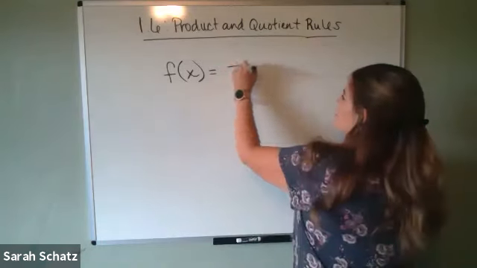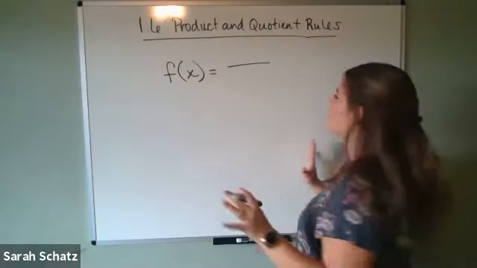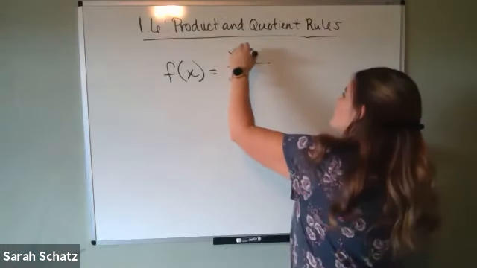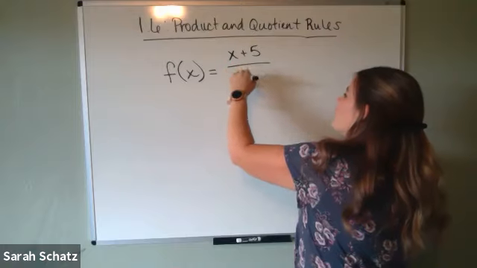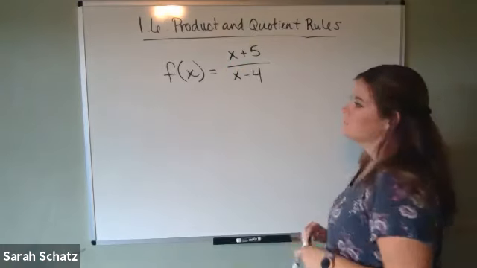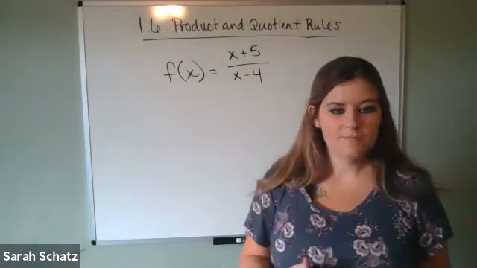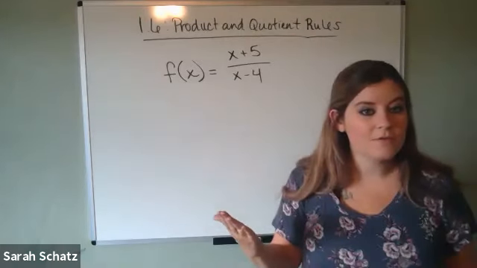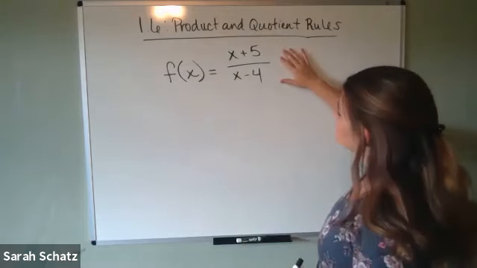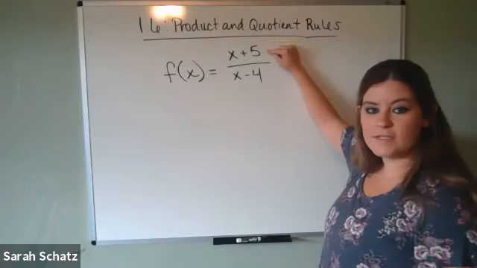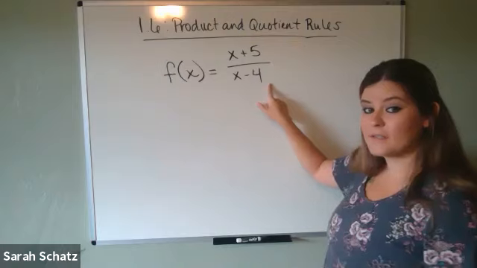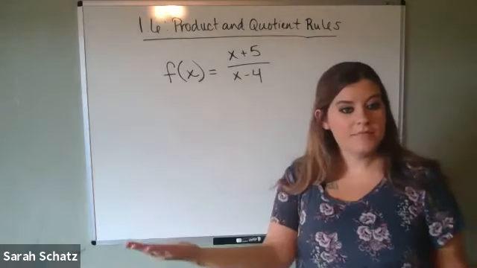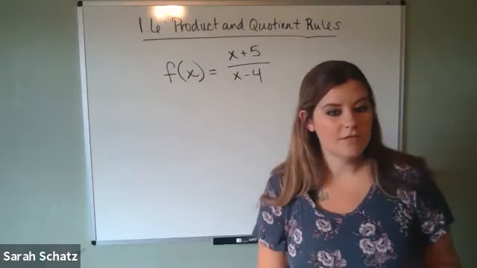All right, so let's just do really simple. I've got f of x equals x plus 5 over x minus 4. So I look at the problem. I can see it's a quotient, so my first thought is definitely quotient rule, right? As long as there is an x on the top and an x on the bottom, then yes, the top is a function of x and the bottom is also a function of x.